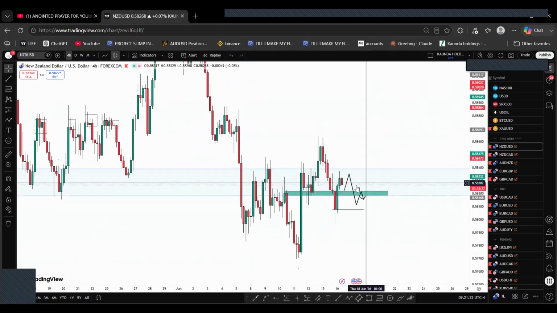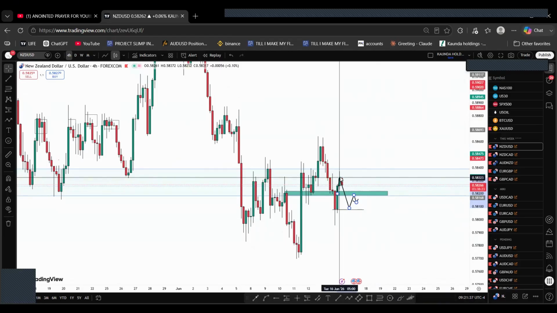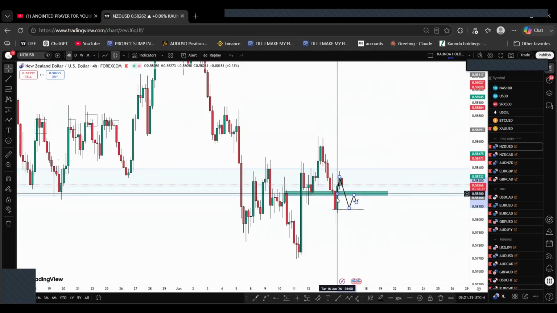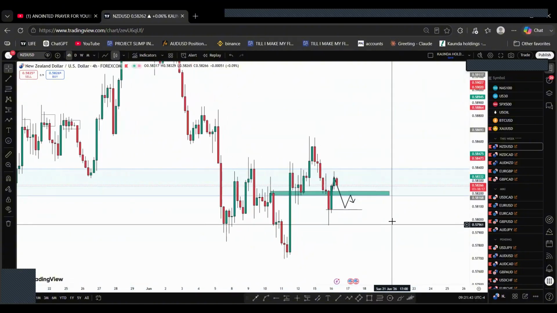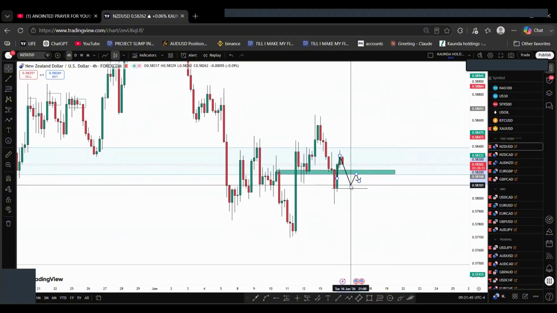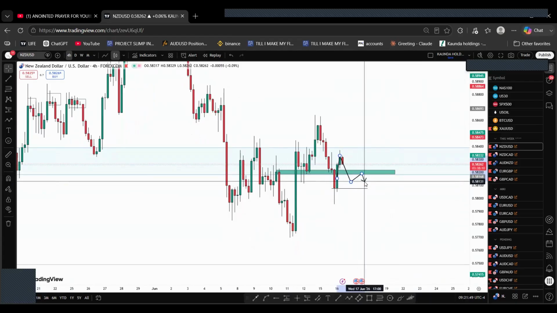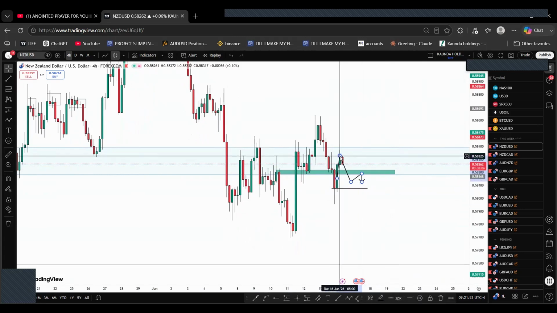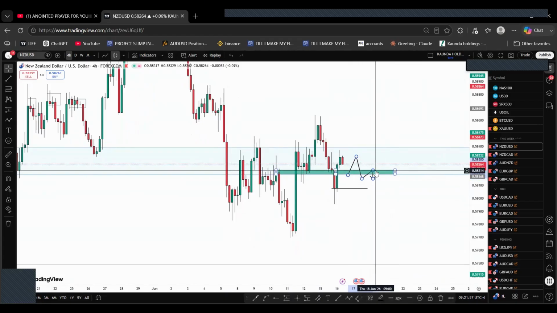Price is likely to break above and give us this push. So now, what we have is price breaking below here and price retesting and price engulfing this level. You see, this is our bull move.